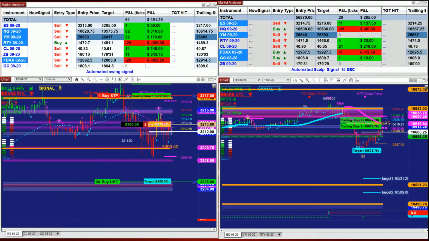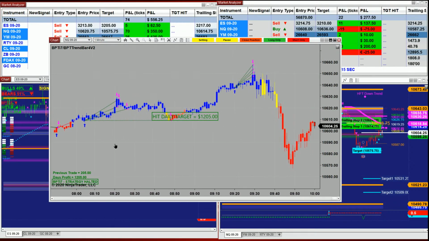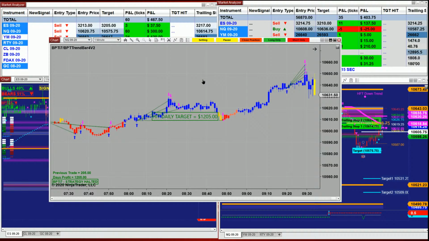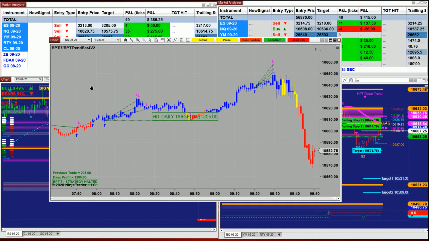This is the number 10 template on the NASDAQ. It hit earlier the second round, 1205 on the NASDAQ, and it did very well before. Then it did one round and made the 1205, also around 8 o'clock. And then the next one was at 9:10 and made another round, another 1200.